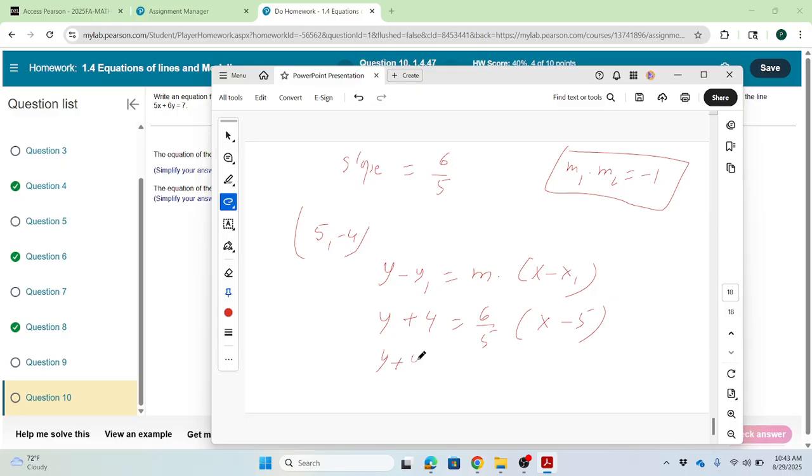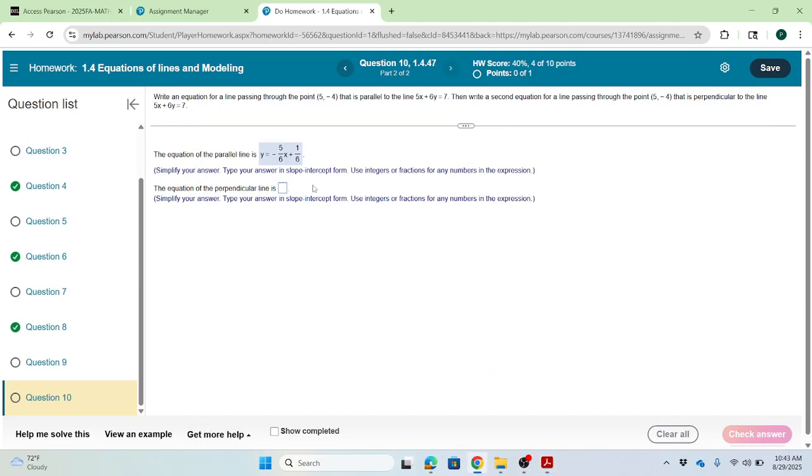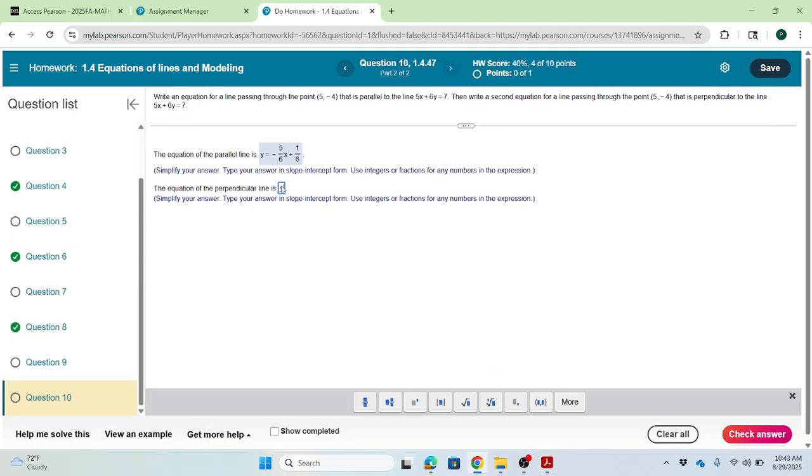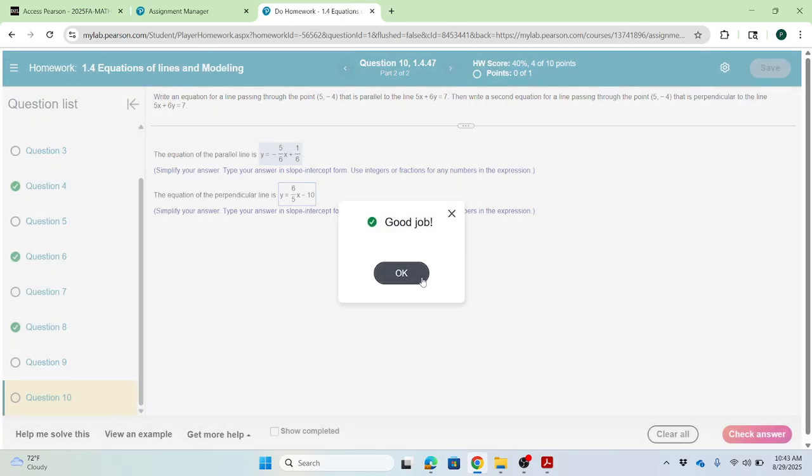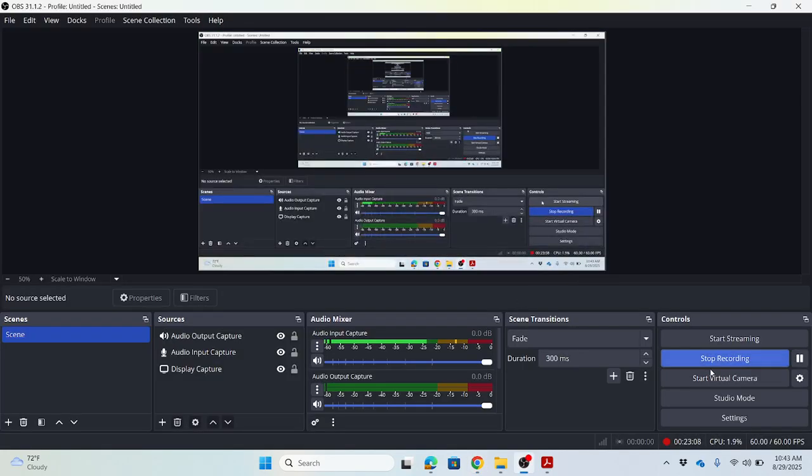So y plus 4 equals 6/5 x. When you multiply 6/5 with the 5, it will be 6 only. And now subtract 4. So the final answer is y equals 6/5 x minus 10. And that's all for this section.